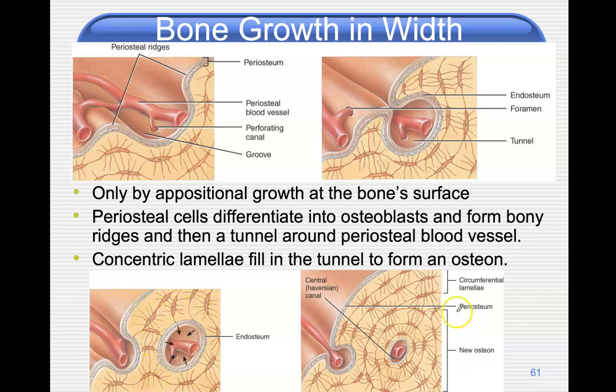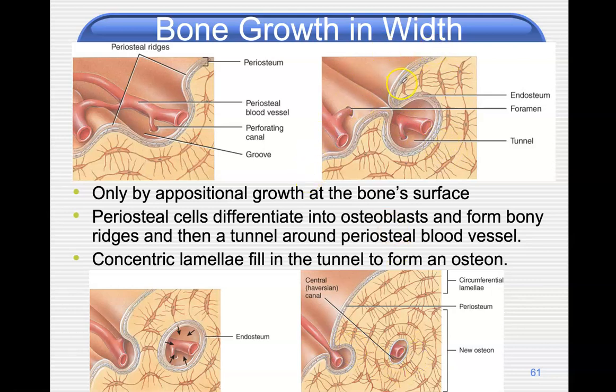That will end up laying down matrix in those circles around that central canal, forming what will eventually become the osteon. So that's how bone is growing out in girth.